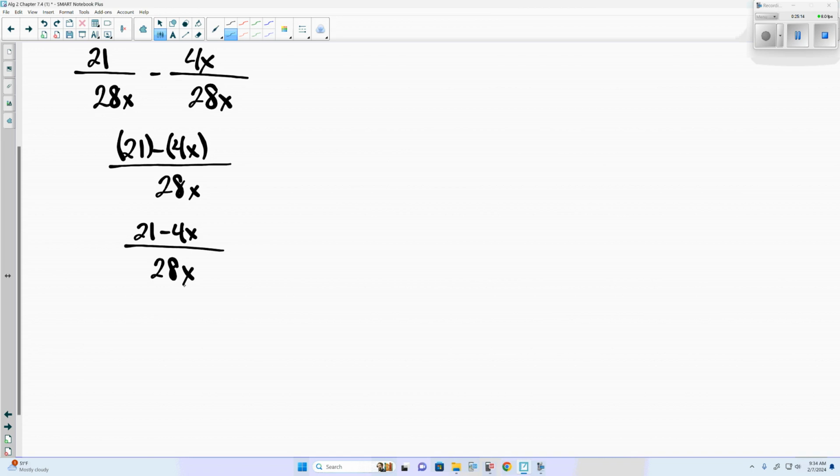If you're not sure if you need them or not, put them. You're not losing anything if you put them. If you put them and don't need them, you drop them, you're back where you were. If you don't put them and need them, it makes things a little harder because then you don't put the negative with every term. Makes sense? Okay. Is there a greatest common factor between 21 and 4?